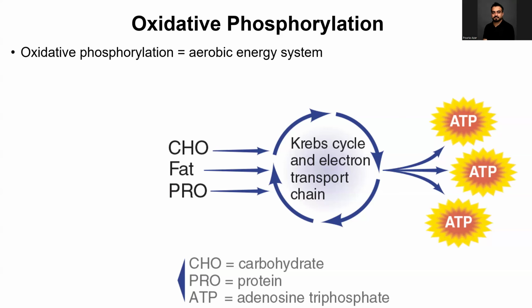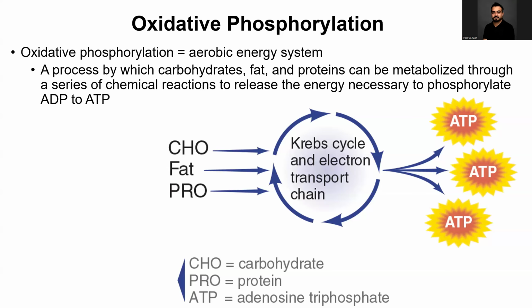So oxidative phosphorylation is an aerobic energy system, which means it depends on oxygen. And it's a process by which carbs, fat, and proteins can be metabolized to release the energy necessary to phosphorylate ADP to ATP. And the duration is 2 or 3 minutes to many hours. So unlike the creatine phosphate and glycolysis, which were too short or short, this is long. It takes time for oxidative phosphorylation.